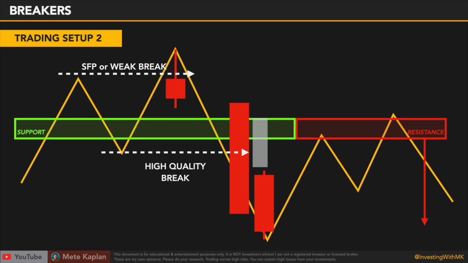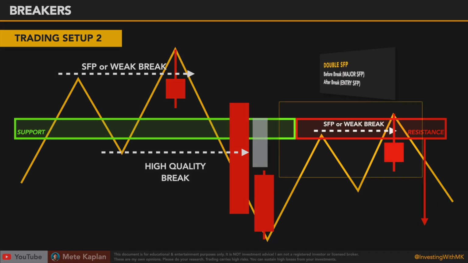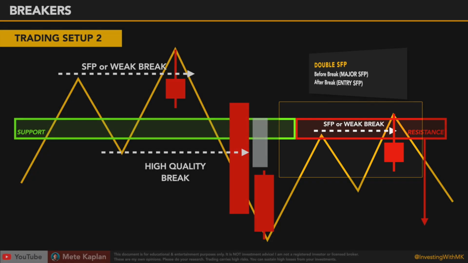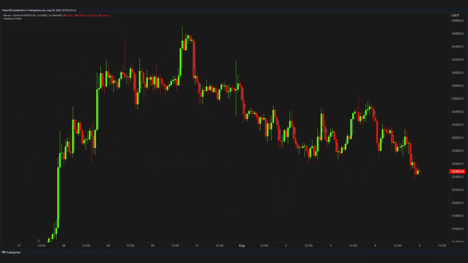It is almost identical to our first trading setup, a swing failure before our high quality break. However, this time we can look at another swing failure pattern right before our entry. Let's see an example. What do you see here? Another confusing bunch of candlesticks, right? Let's break it down.